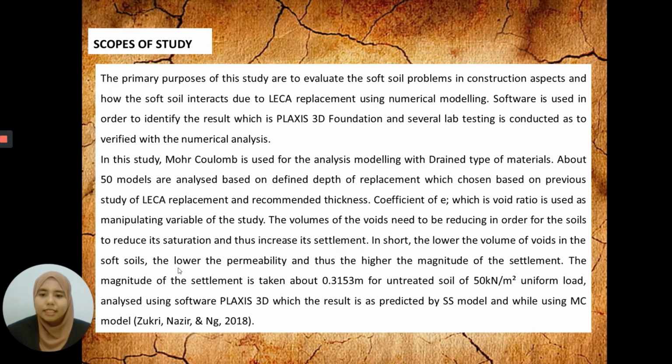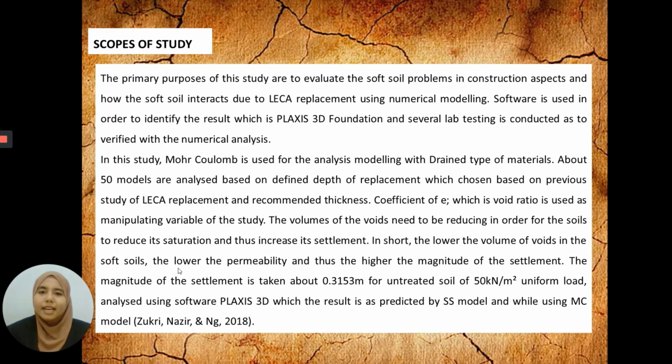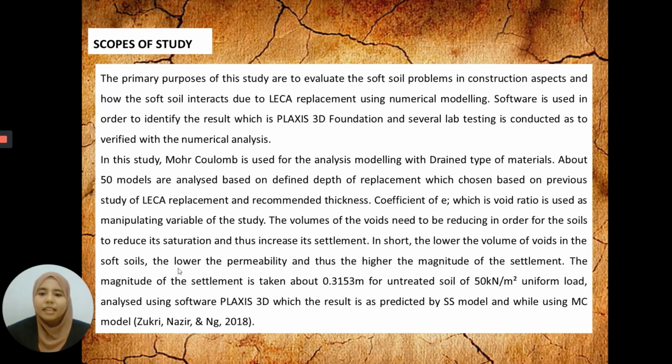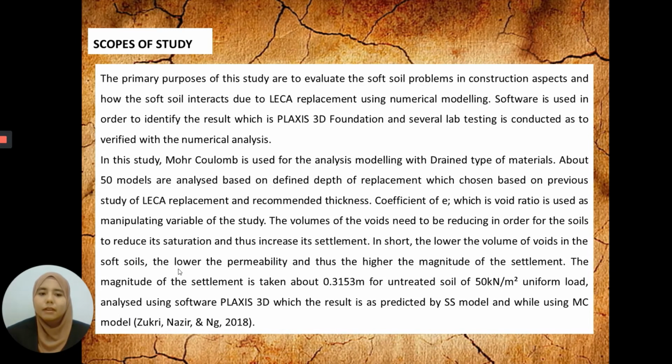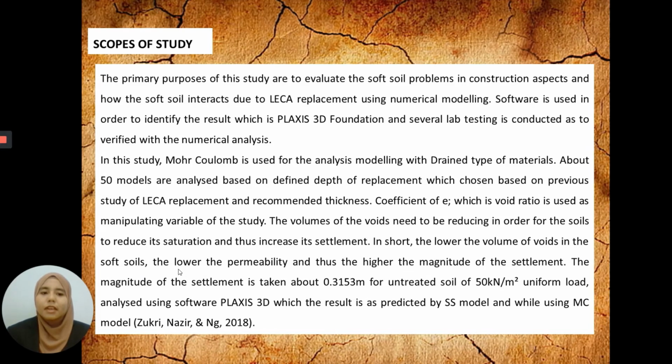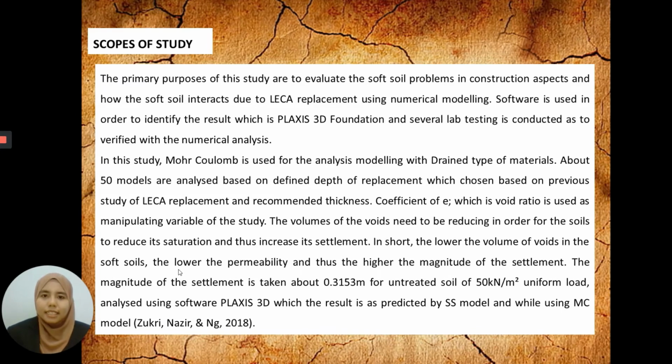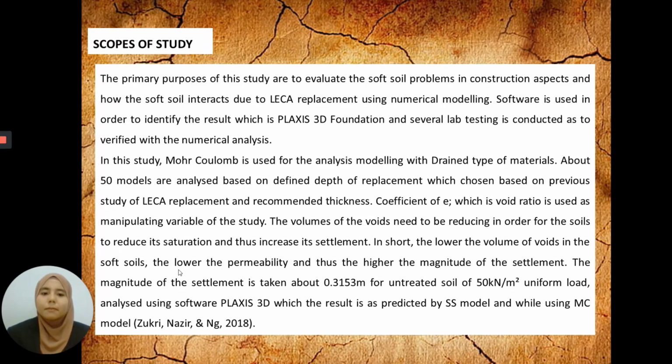The magnitude of the settlement is taken based on the study made by Azhani Zukri, Ramli Nazir, and Ng Kok Shien 2018, in which the settlement is about 0.3153 for untreated soil under a 15 kilonewton per meter square uniform load, analyzed using the software Plaxis 3D. The result is predicted by the soft soil model while using more column.